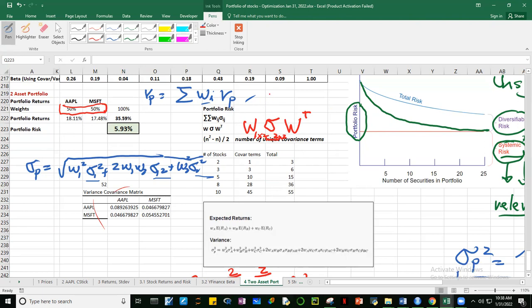If it was, kunyari, W 2 by 1, tapos yung variance covariance natin 2 by 2, hindi pa pwede i-multiply yan sa matrix. Dapat yung row ng first matrix should be the same as the column of the second matrix. So very strict yung matrix multiplication sa rule na yan.